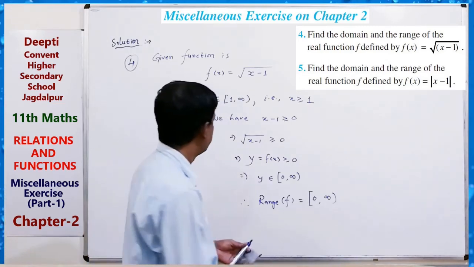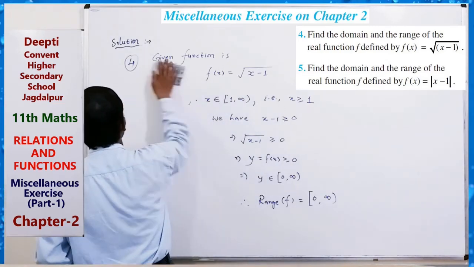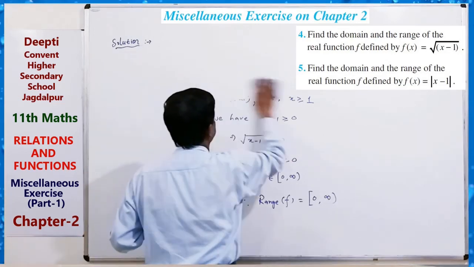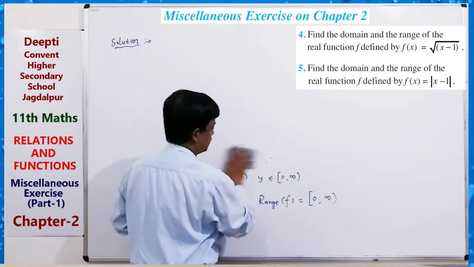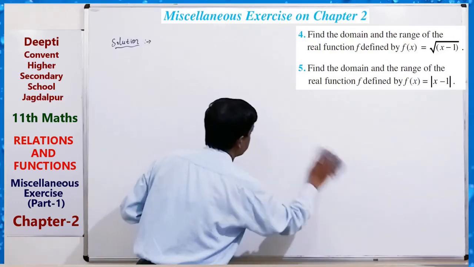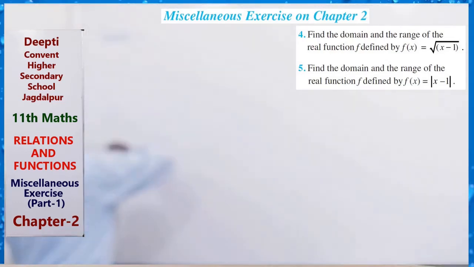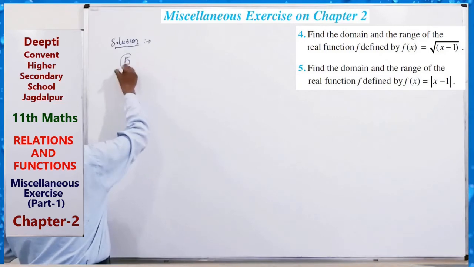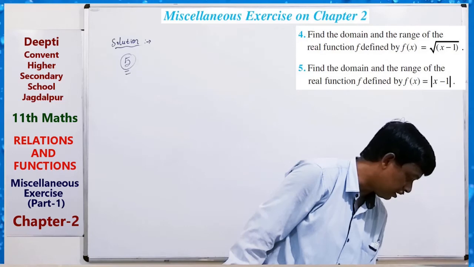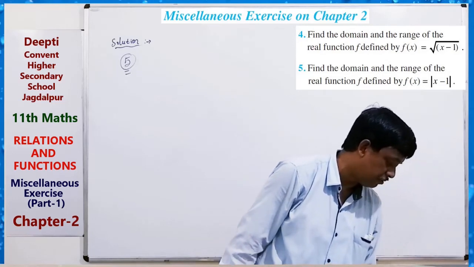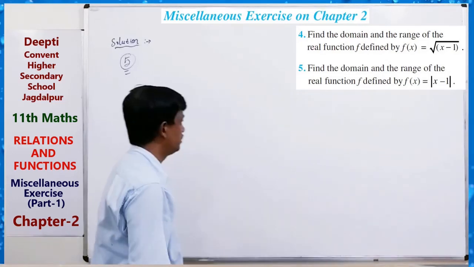Okay. Now take question 5. Remember, you have to reply with the solutions of 3 questions. Okay, now take question 5. Here question 5 is given: find the domain and range of the real function defined by f(x) equal to mod x minus 1.